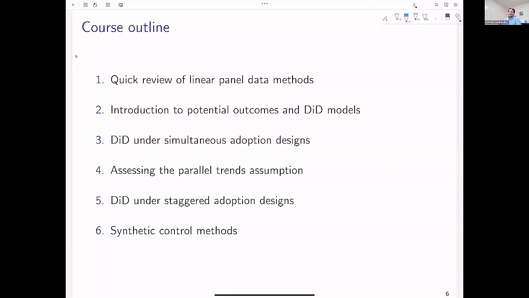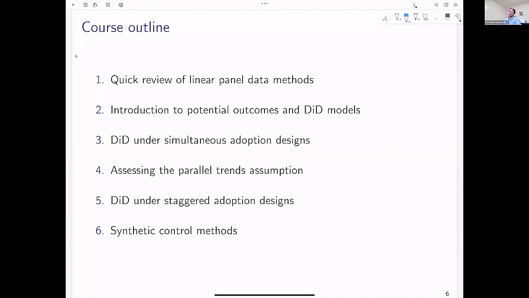And then in part 2, I'm going to introduce potential outcomes because we're not just running regressions because we like regressions. We run regressions because we want to estimate causal effects. But the regression framework is not a good framework to understand what we mean by causal effect. So we will need to introduce some additional notation and a different theoretical framework to decide when a regression estimate is a good measure of a treatment effect or not.